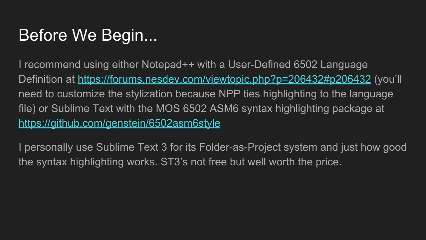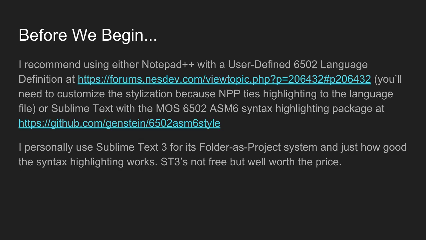Before we begin, I recommend either using Notepad++ with the user-defined 6502 language definition or Sublime Text with the MOS 6502 ASM6 syntax highlighting package. They're really useful. The Notepad++ plugin takes a little bit of extra work, but it does work.